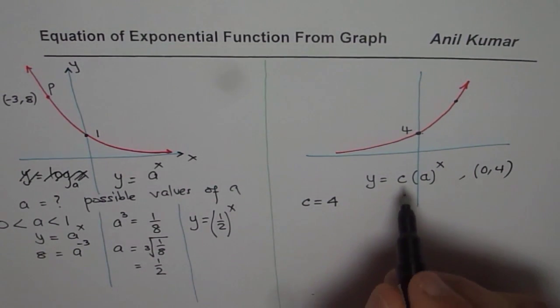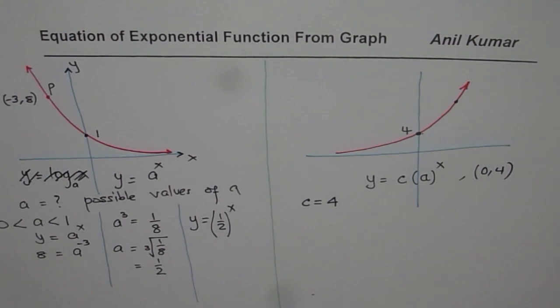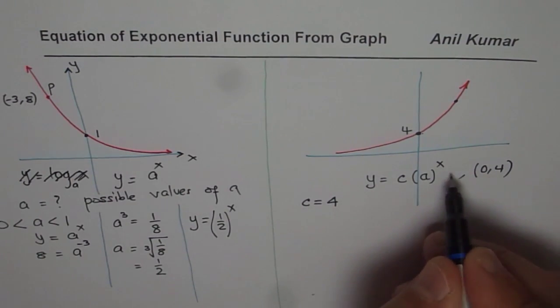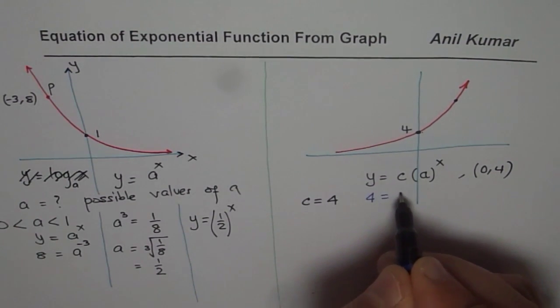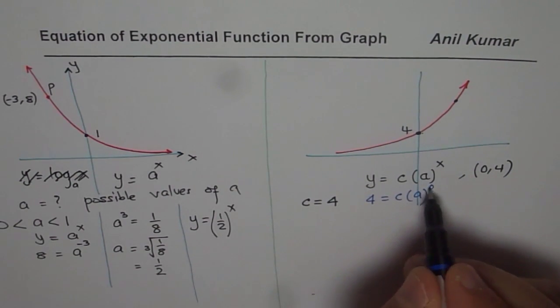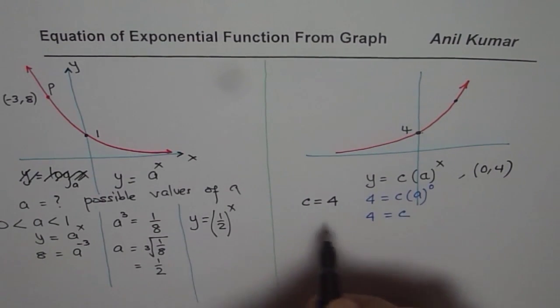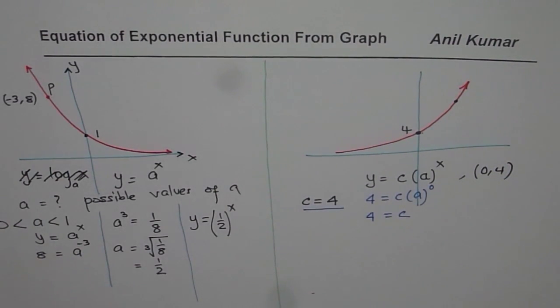So let me write down and show you how we get the value. We could say 4 is the y value, so 4 equals c times a to the power of x, where x is 0. Now anything to the power of 0 is always 1, so we get 4 equals c. So c equals 4 for sure.